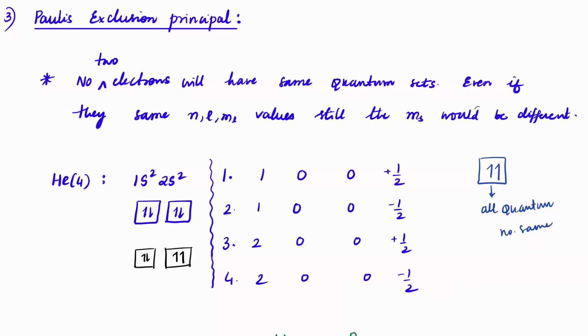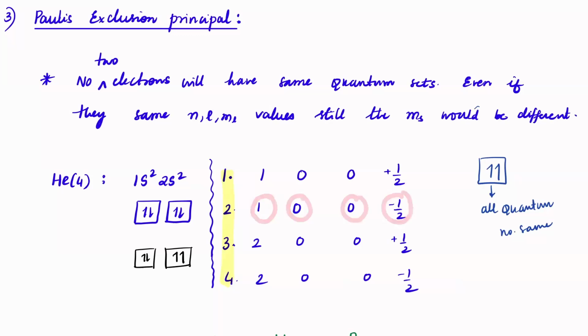For example, helium, we have four electrons. So the configuration is 1s2, 2s2. 1s has two electrons, 2s has two electrons. Now, how do we write the quantum set? Check out this quantum set here. These are the serial numbers. The first electron has n, l, m, s values 1, 0, 0, plus half. The second electron has 1, 0, 0, minus half.